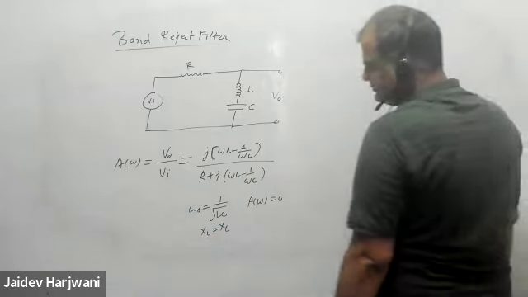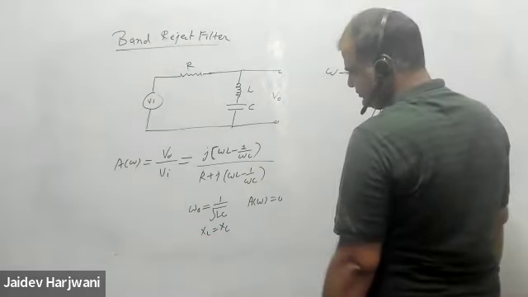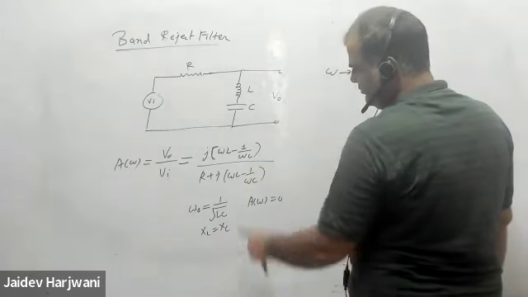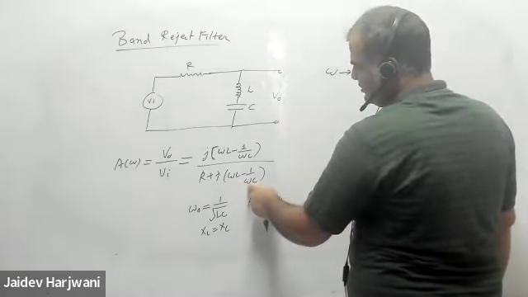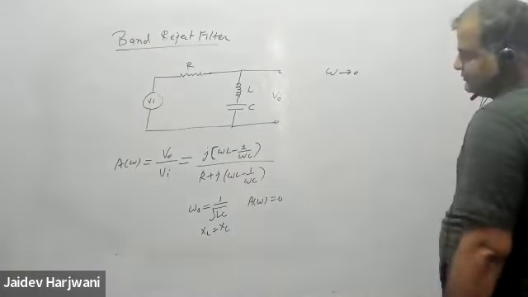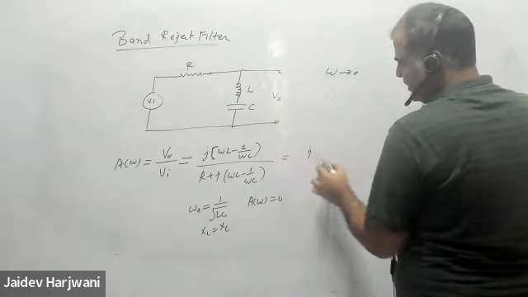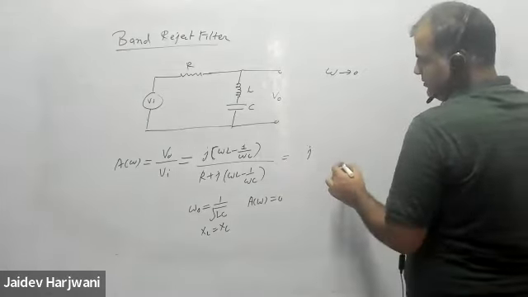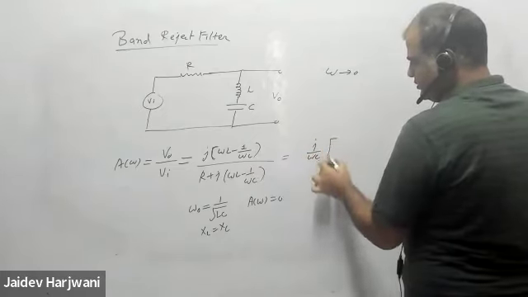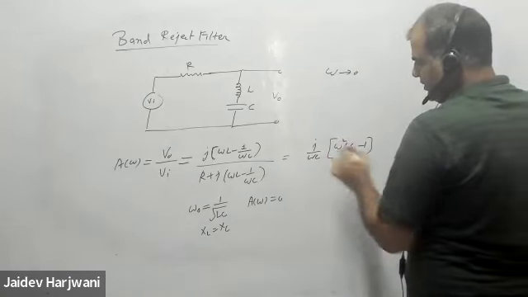And if you say my omega tends to 0, okay, if I say omega tends to 0, then what will happen? Let us write it in a different way. I am taking 1 by omega C common. So this will become omega square LC minus 1, omega C is common.